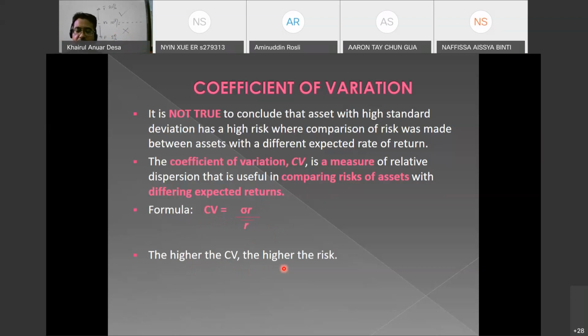Kita menggunakan CV ini untuk membandingkan syarikat-syarikat yang mempunyai kadar pulangan dijangka yang berbeza. Ini adalah perbandingan yang lebih adil.